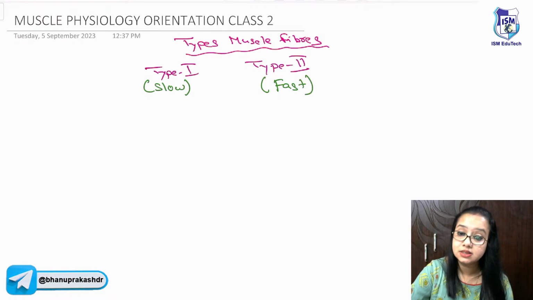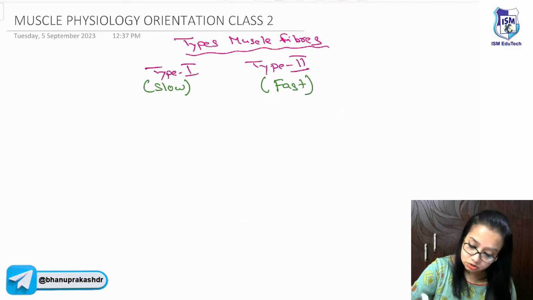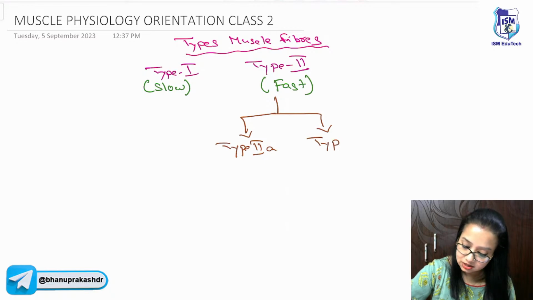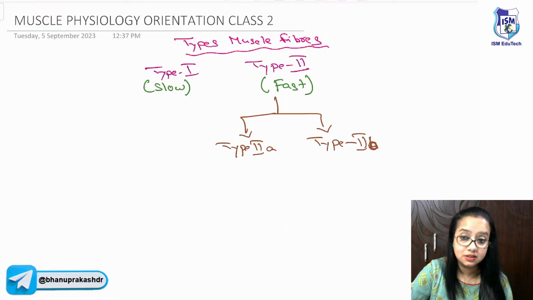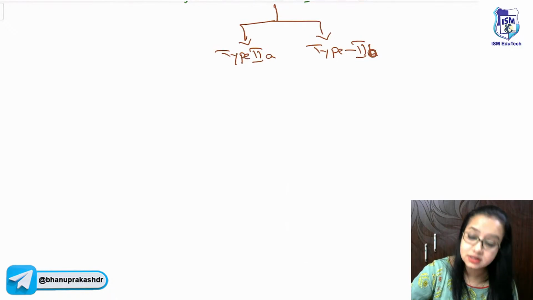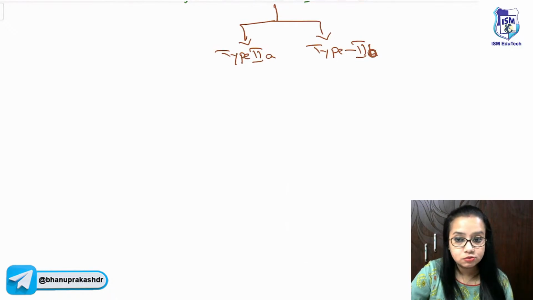Now, again, in type 2, there are two subdivisions, type 2A and type 2B. Both are fast, but this division into type 2A and type 2B has been classified depending on how fast they go into fatigue.